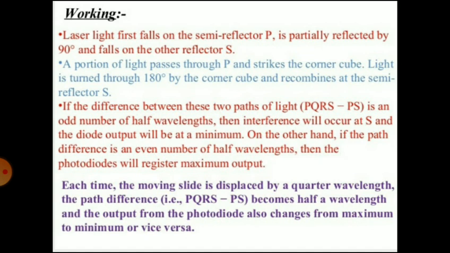So this is the working, given in this slide. The different fringe patterns will be observed, and on the basis of the fringe pattern you can decide whether the surface is flat or not.